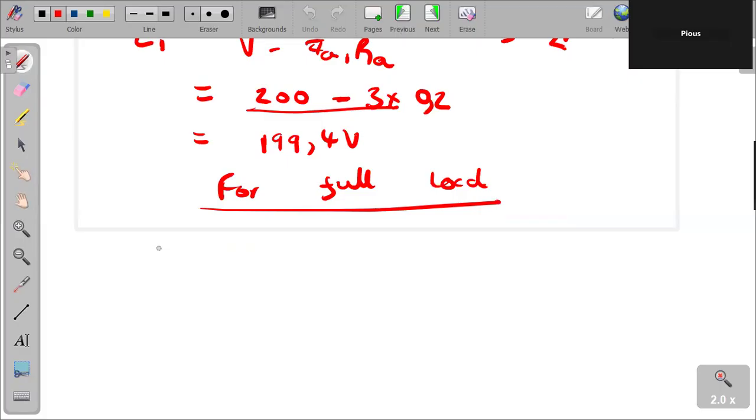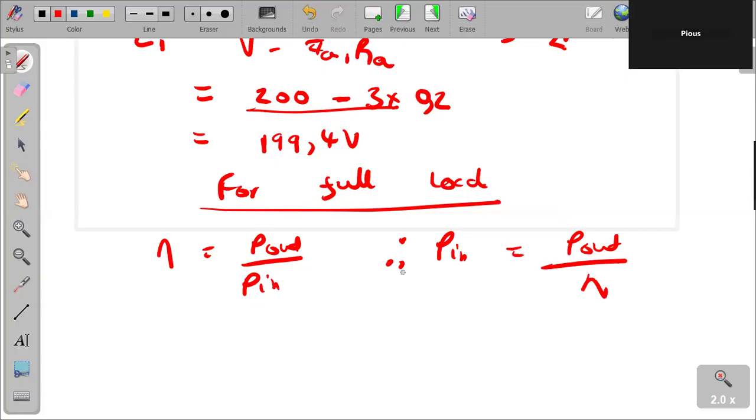Efficiency, it should be known, is the ratio between the output and the input. So making P in the subject, P in is equal to P out over efficiency.